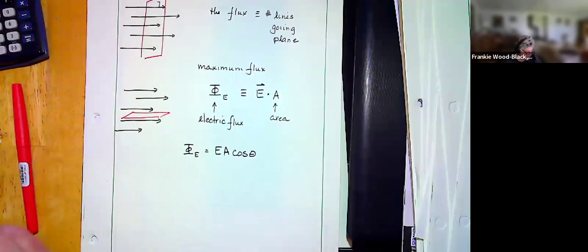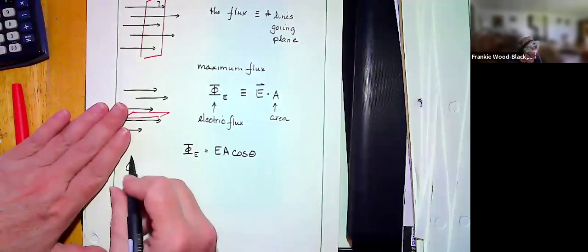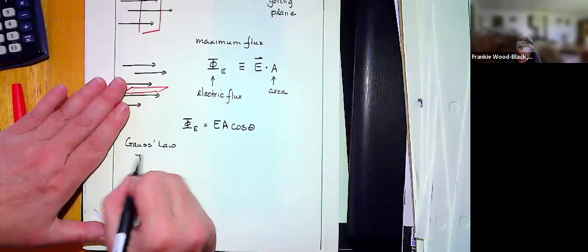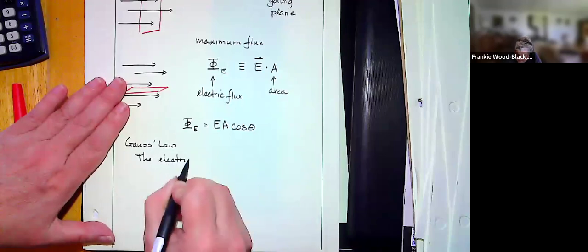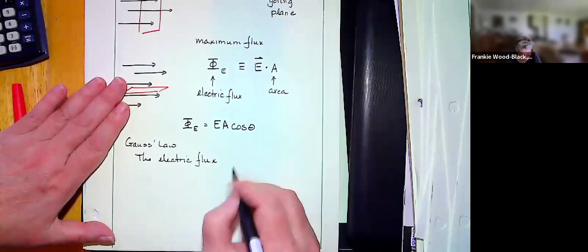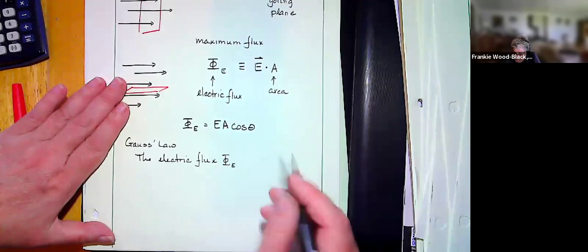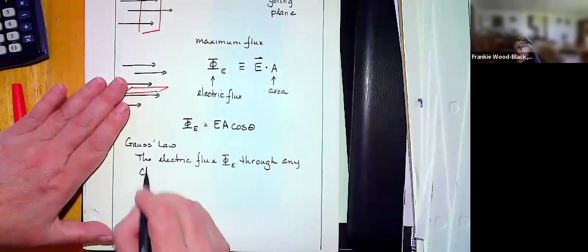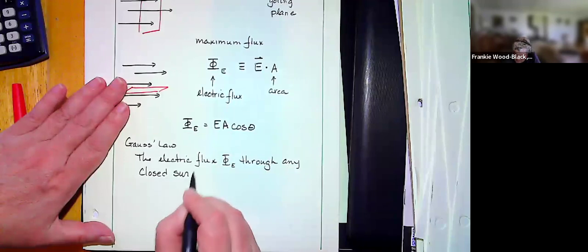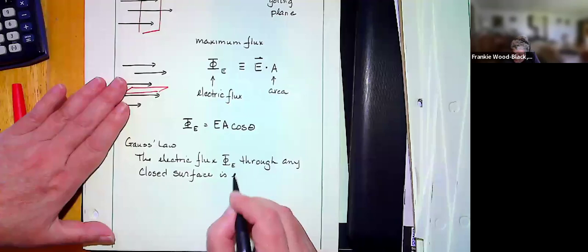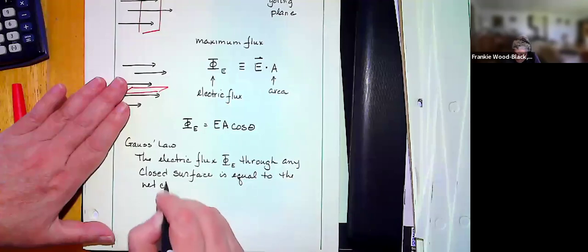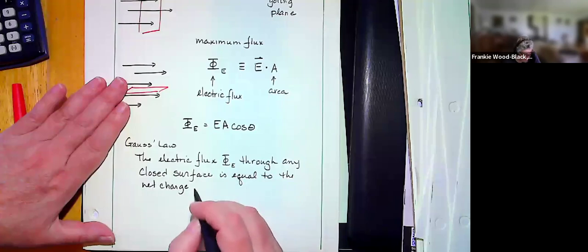Now, what Gauss's law says, is that the electric flux through any closed surface is equal to the net charge inside the surface.